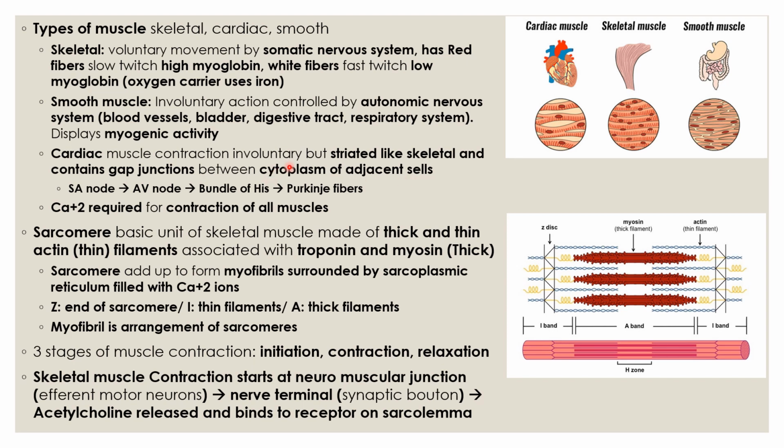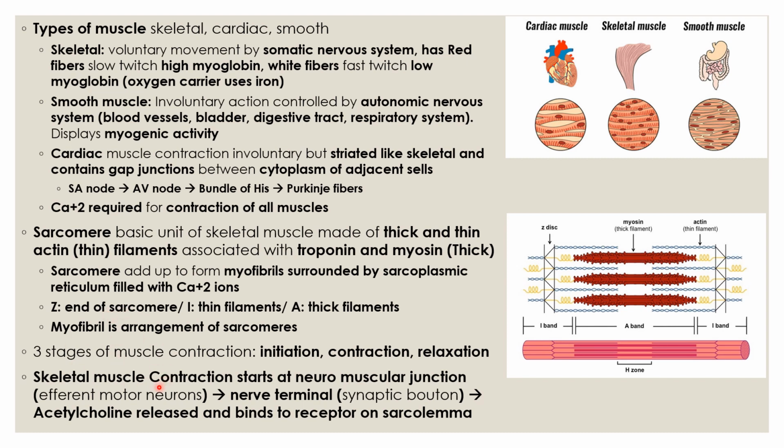Actin is the thin filaments on the outside, and in the middle are the thick filaments, myosin and troponin. The sarcomeres add up to form myofibrils surrounded by sarcoplasmic reticulum, which is significant because it contains calcium. A myofibril is the arrangement of sarcomeres, so a lot of sarcomeres come together to form a myofibril.